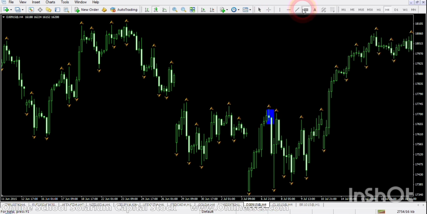Look here. We have this part of the chart as well. The candle is like this. You see, the candle here, the shadow is longer than the body.